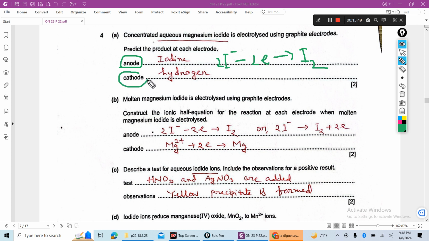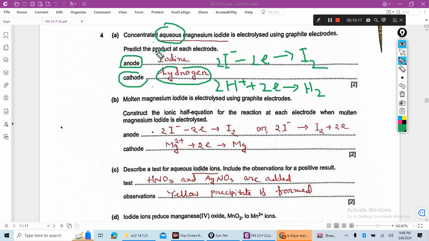At the cathode, since this is aqueous, hydrogen ions gain electrons to produce hydrogen. At the cathode the product will be hydrogen, at the anode the product will be iodine.